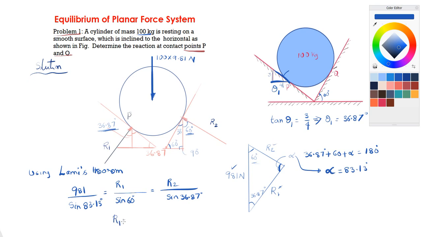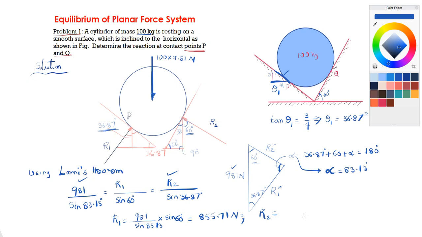First let us take R1. If we take the first set of the equation, R1 equals 981 by sine 83.13 multiplied by sine 60, which is equal to 855.71 Newton. Similarly, you can calculate R2 using the first quantity and the second quantity.